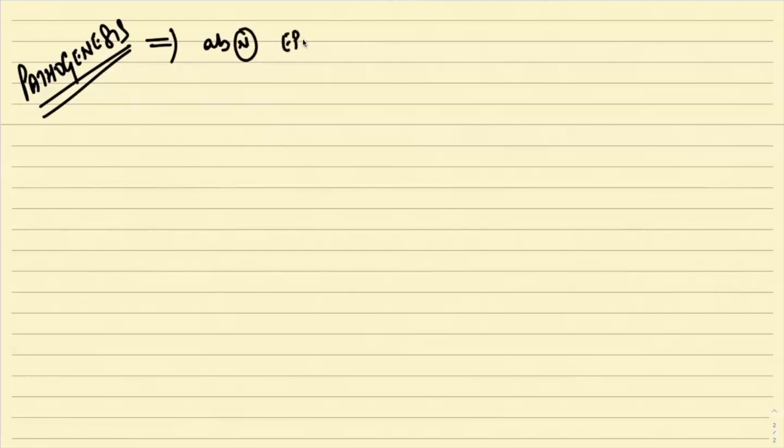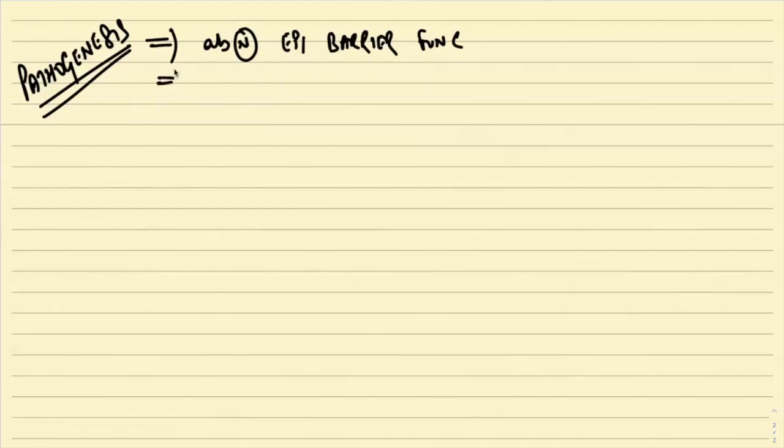Now, looking at the pathogenesis, one of the most important and most complex aspects of inflammatory bowel disease, we have to understand that there are abnormalities. First, there is abnormal epithelial barrier function.